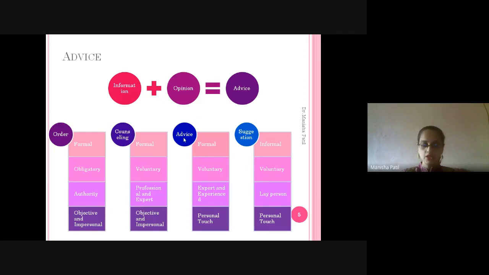For example, you are not feeling well and you go to the doctor. Now, doctor is a professional and an expert. He gives you a prescription of medicines.